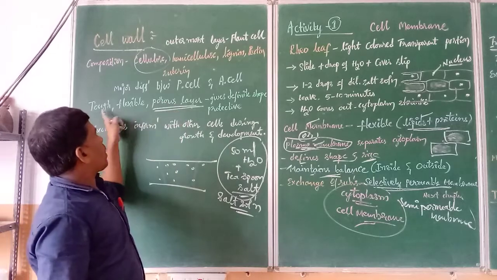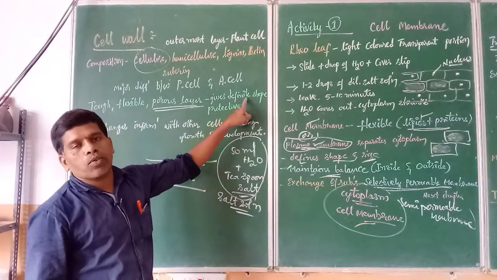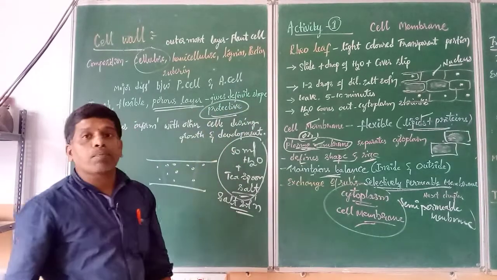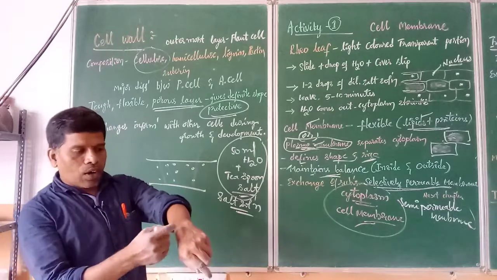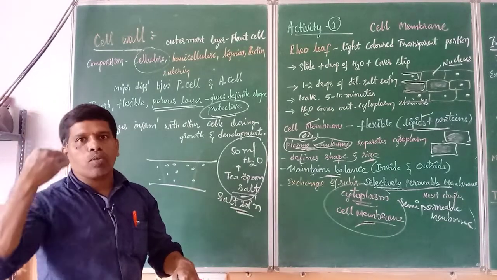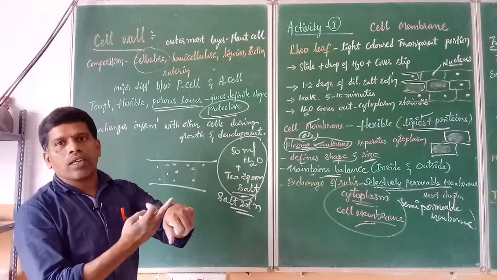Because of the tough and flexible layer, it is responsible for giving a definite shape to the plant cells, and since it is the outermost layer, it is protective in function. Like our body organs are covered with skin from top to bottom, front to back, skin is called the protective layer.